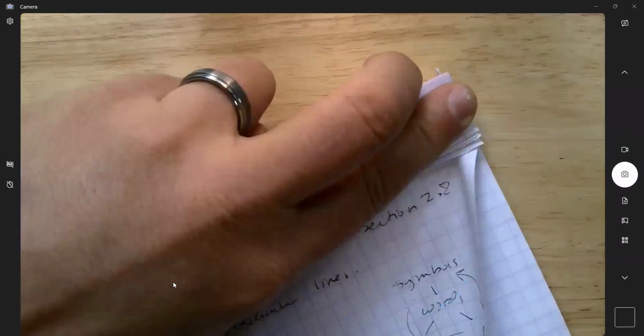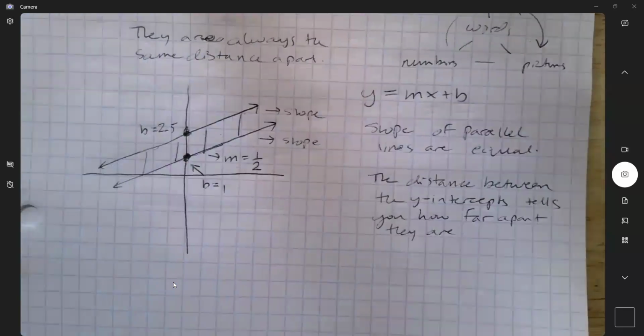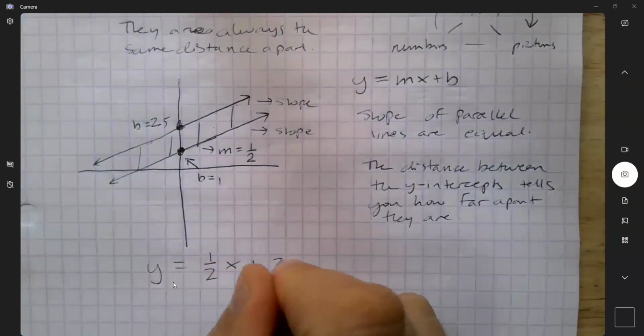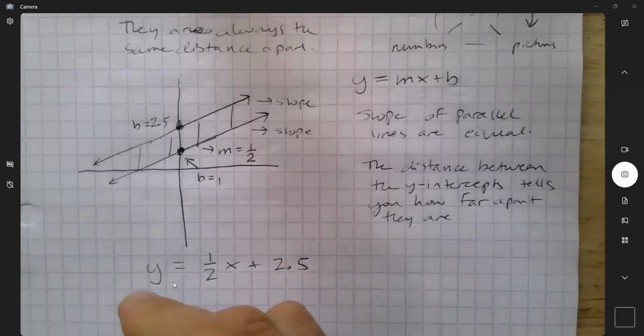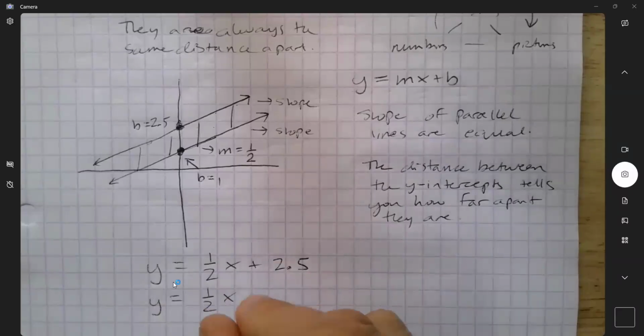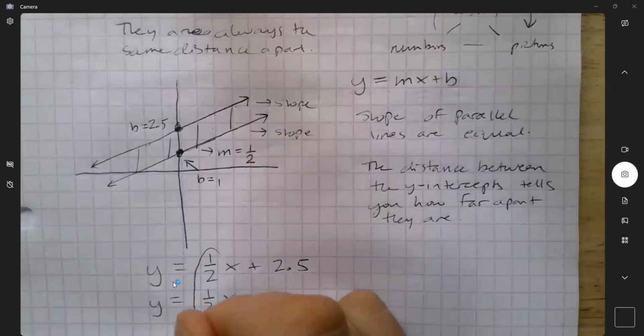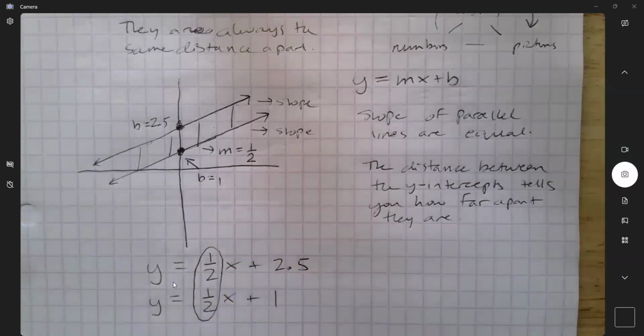So I can write down the formulas for these two parallel lines. The upper one is y equals 1/2 x plus 2.5. And the lower one is y equals also 1/2 x, and now plus 1. And the slopes are the same. And that is how you figure out if two lines are parallel. And that's how you draw two parallel lines that might go through different points.